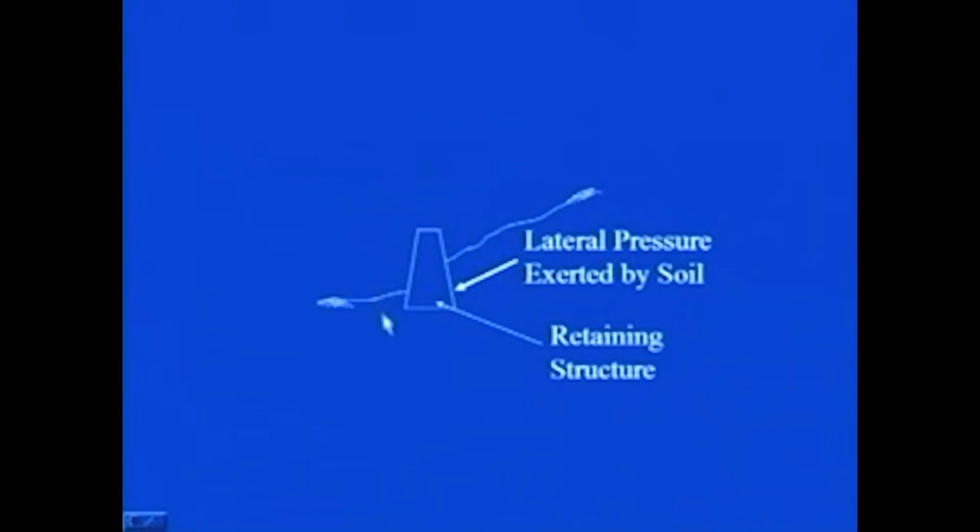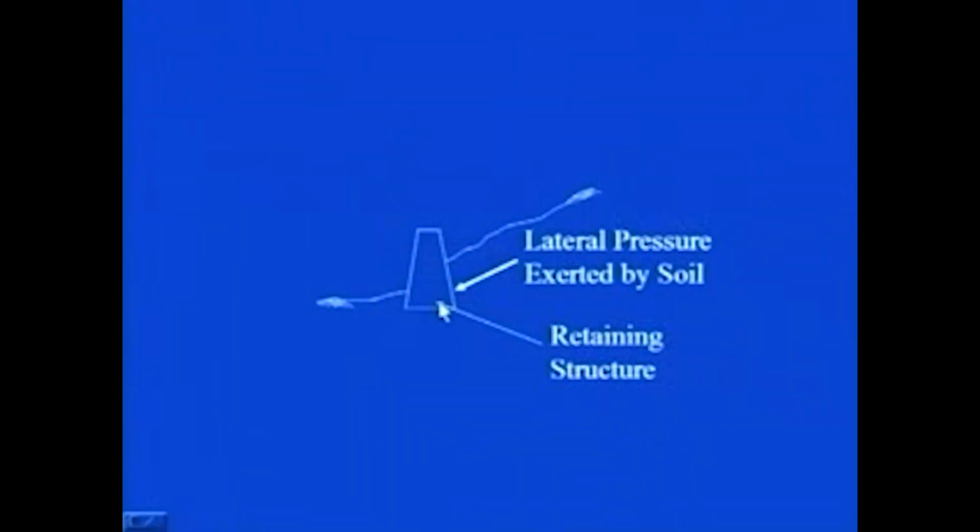But what is happening here? In this process, simultaneously this wall is moving towards this soil. So here the active condition is getting generated, and simultaneously here the passive condition is getting generated, and that is why it is very necessary to estimate passive earth pressure properly to have proper analysis and design of this retaining wall.